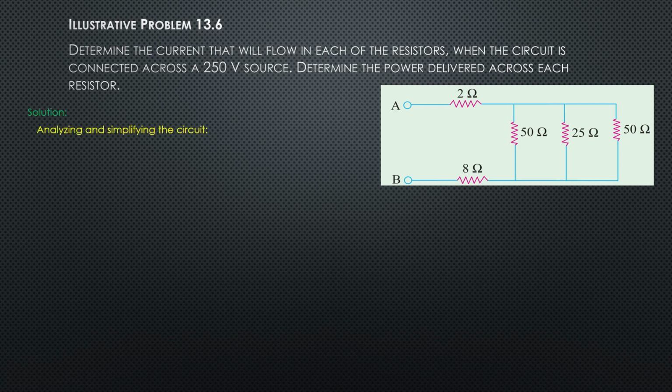Okay, so analyzing and simplifying the circuit. Based on the circuit, the 2 ohms and 8 ohms are connected to a parallel combination of resistances, which is 50, 25, and 50 ohms. These three resistors are connected in parallel.